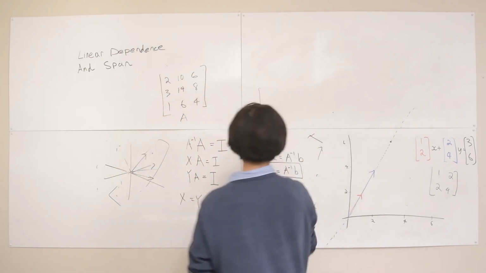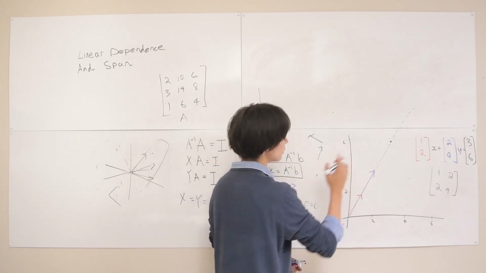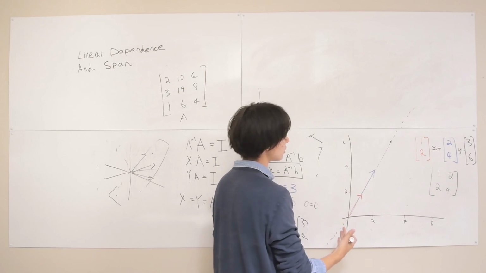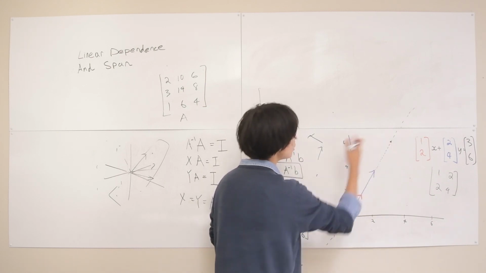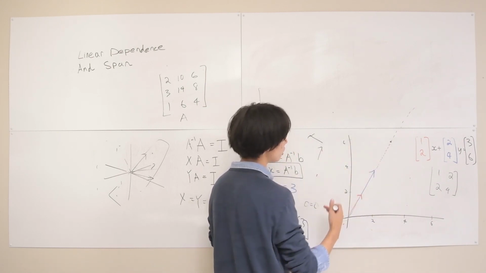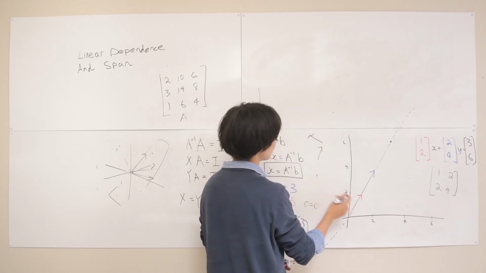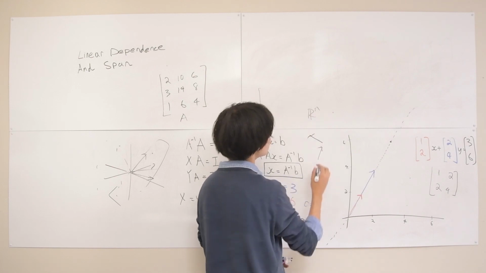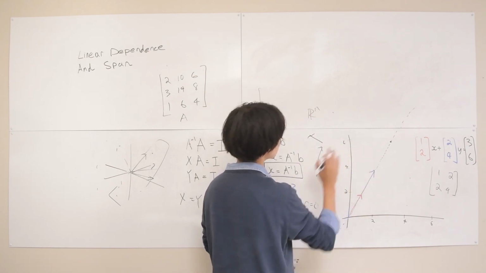So just as a recap, span is a property of a set of vectors. The span of a set of vectors is the dimensionality of the points that can be reached. The best is if we're sitting in some n-dimensional space, Rn is kind of what you're looking for. That's the span you're looking for.